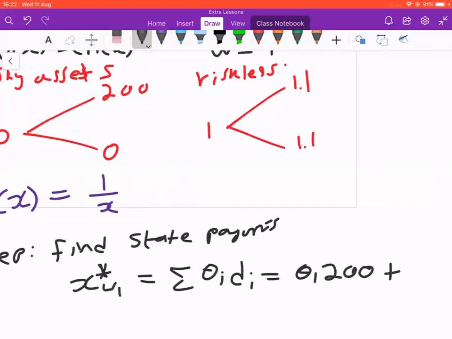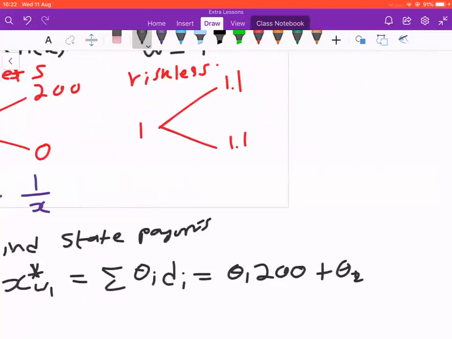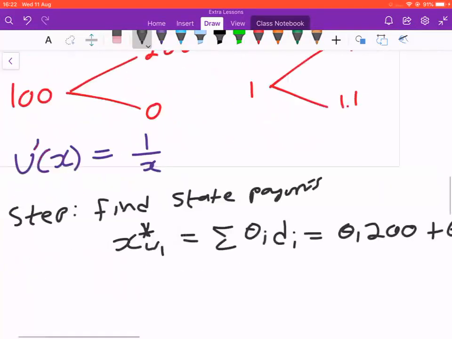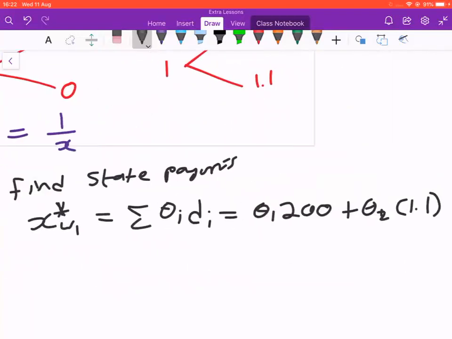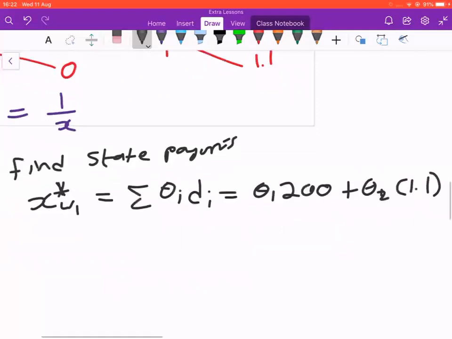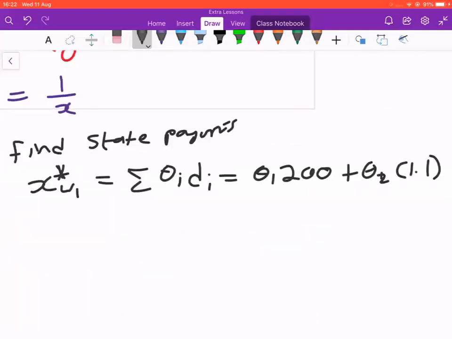And then the amount of security 2 you should buy, the payoff is going to be 1,1, right? So this is for state 1. For state 2, you are actually going to have 0 for state 1 plus 1,1 again for state 2, right? I hope we all agree.